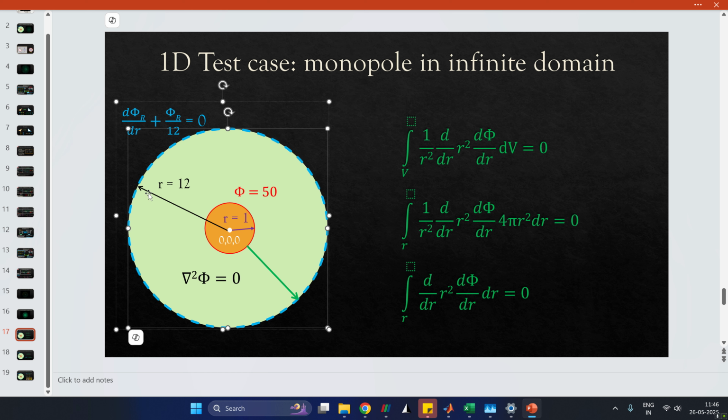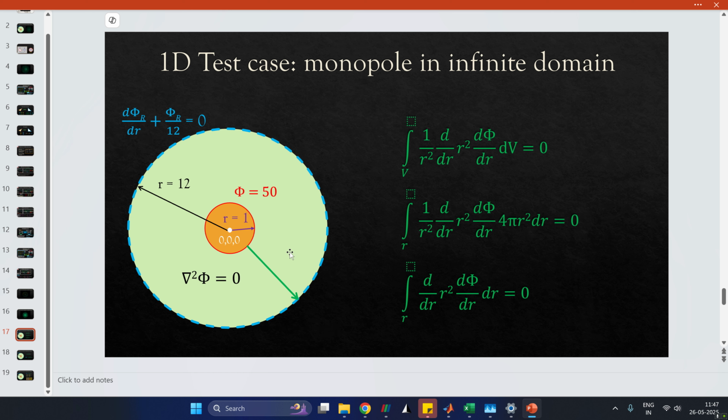And then we have an infinite domain, right? And so we truncate this domain at a certain radius. Here we have just picked an arbitrary radius of 12, and we apply the Robin condition, which we also discussed in the previous sessions. At the very beginning, we discussed how this condition comes about and how it takes into account the effect at infinity.